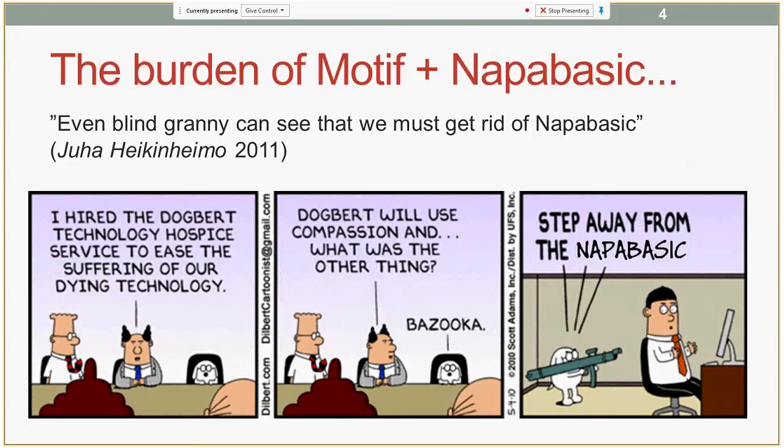And he added later, we must even get rid of Fortran, and then we said, okay, just cool down, let's take the NapaBasic first and go stepwise. And the irony of this Dilbert here is that in the original strip it says step away from Windows XP, and still Windows XP is much more modern technology than NapaBasic.